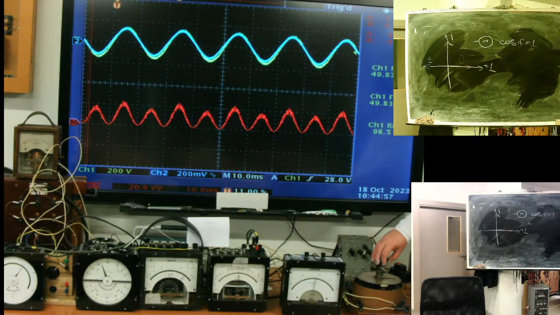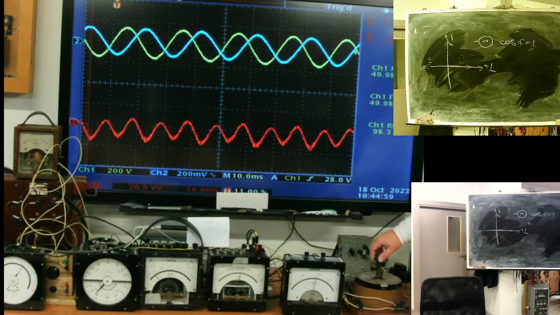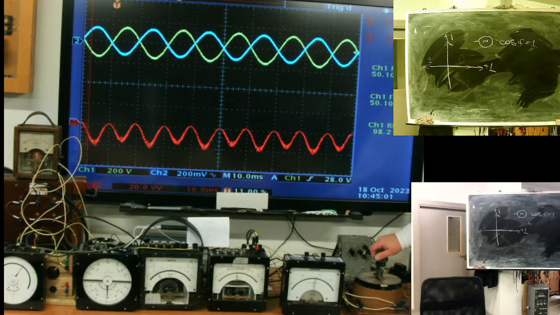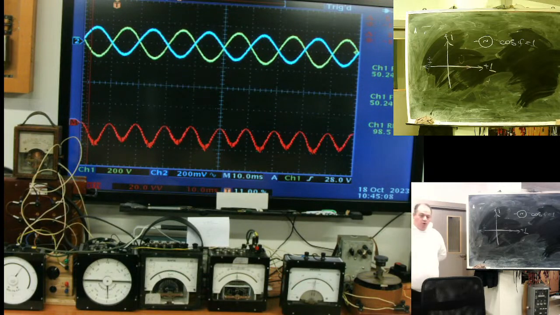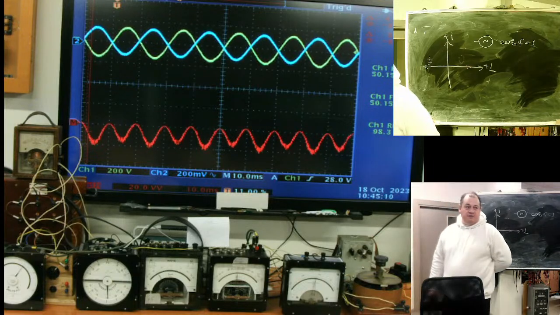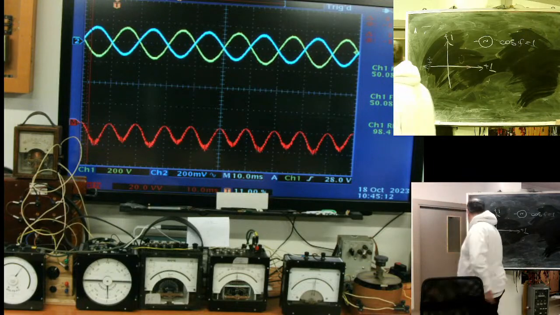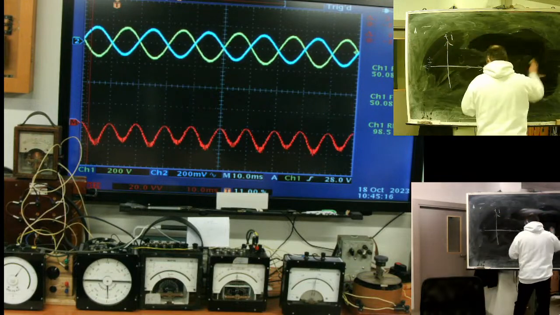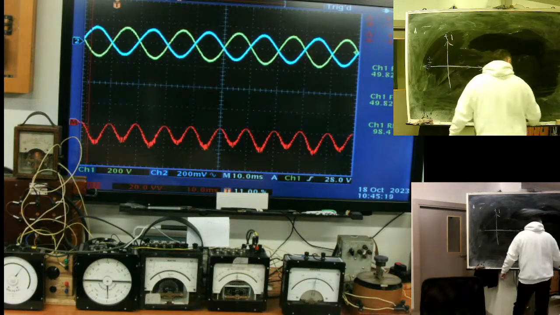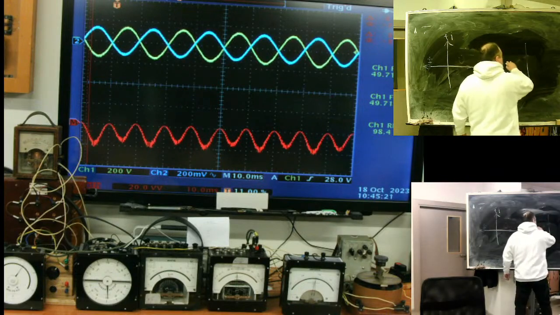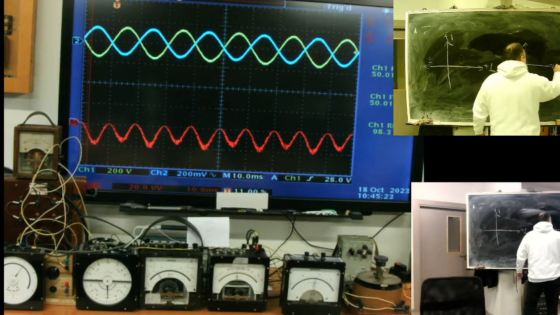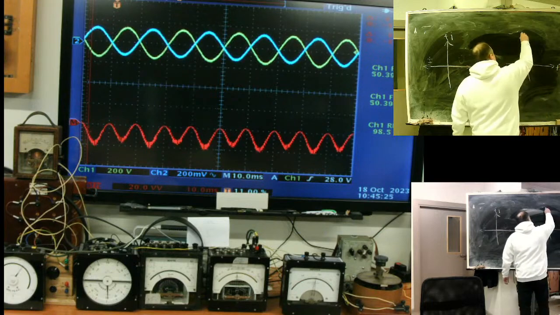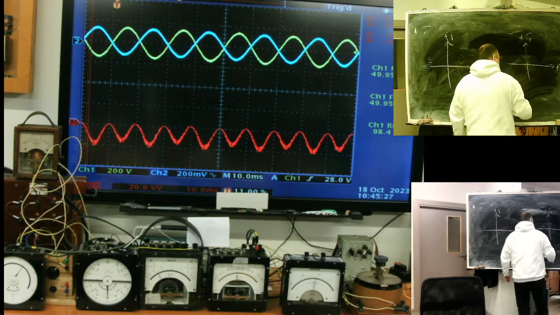This is what in mirror mode is a generator. I will add to my picture active power, reactive power.